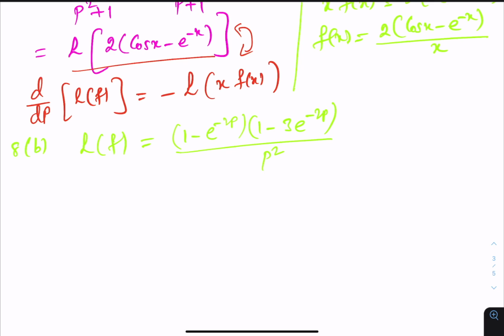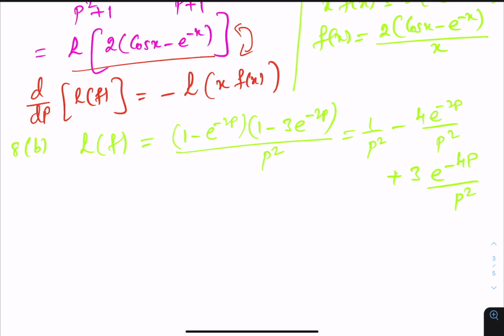Okay, so you can just simplify this. So this becomes 1 over p square minus 4 times exponential of minus 2p by p square plus 3 times exponential of minus 4p by p square.